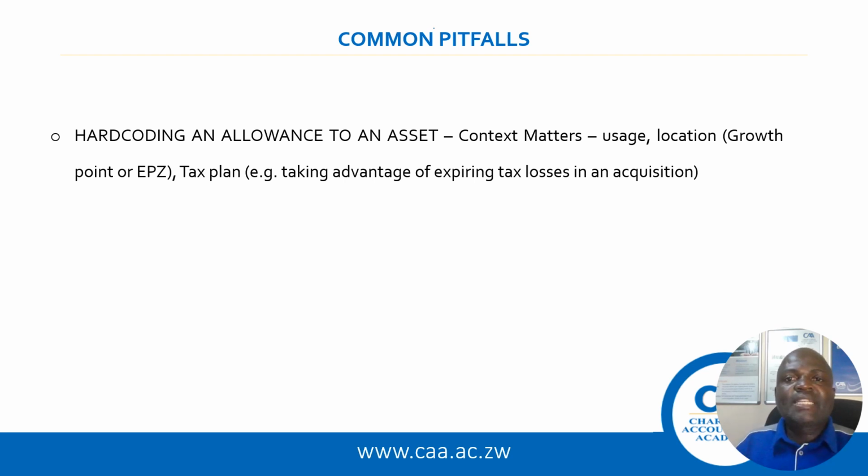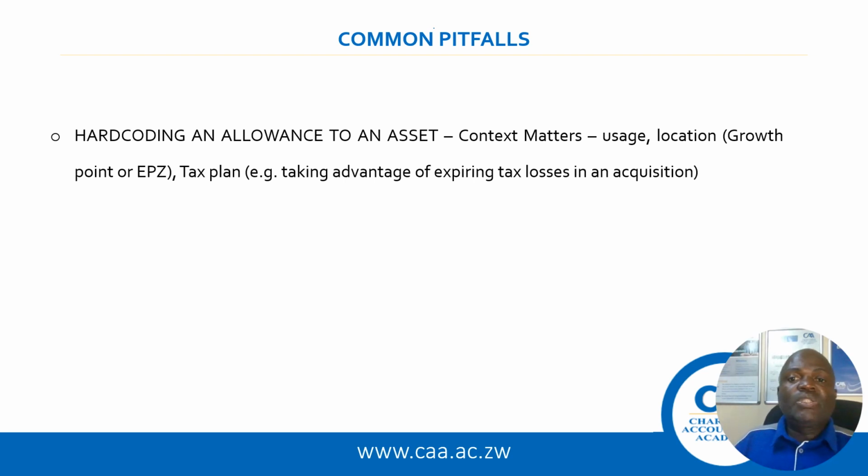So context matters. The components of computing the capital allowances matter, and students fall into the common pitfall of just hard coding, just saying, I've seen this, last time I studied a certain solution, this is how buildings were treated.